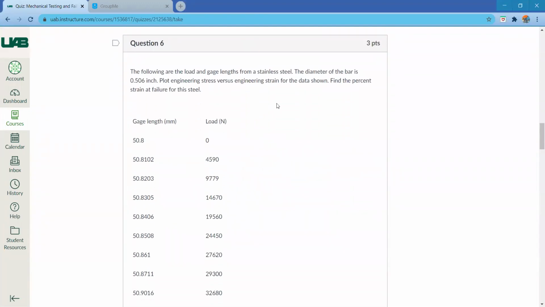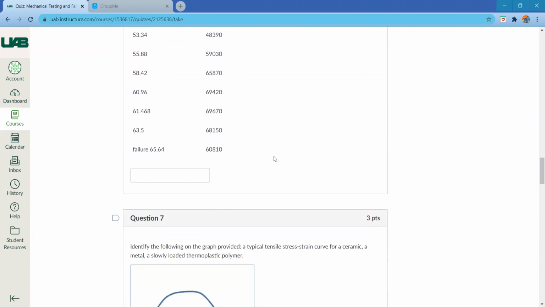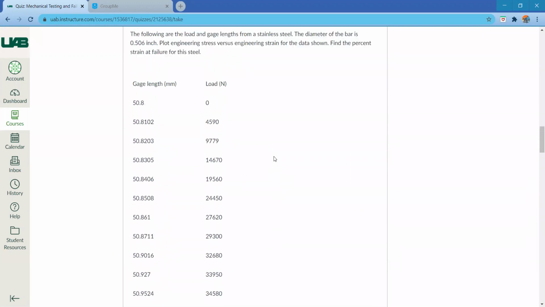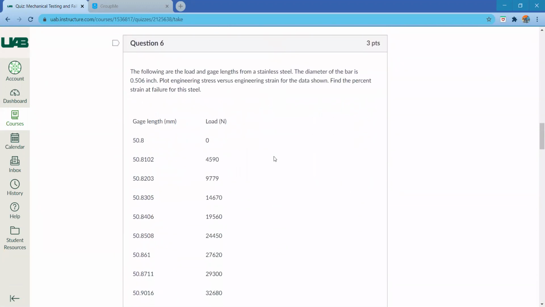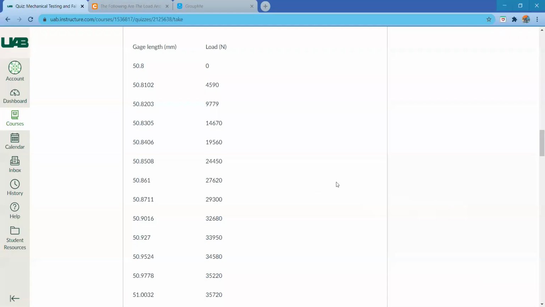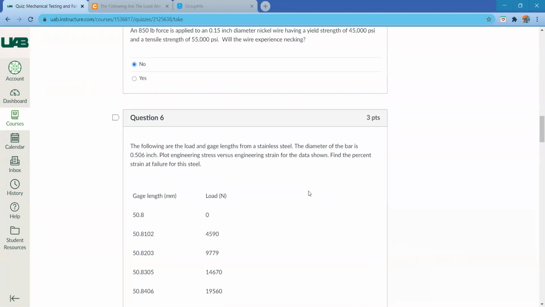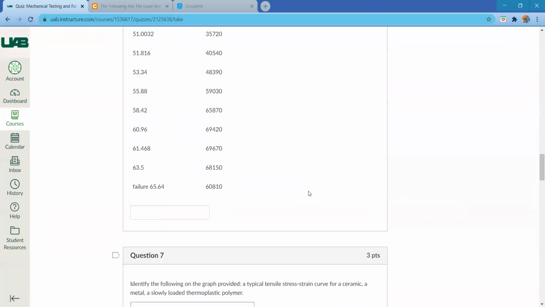Now, find the percent strain at failure for this steel.